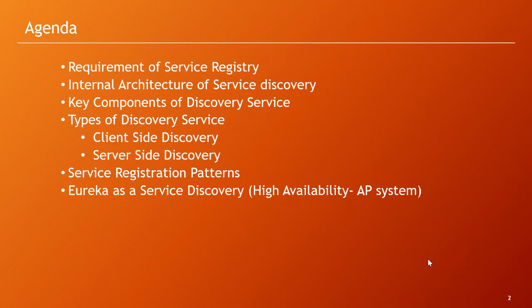Then we'll look at the different categories of discovery, like how client side discovery and server side discovery work, and the self registration pattern and third party registration pattern, how the registration of a client application to the registry service happens. Then we'll see how Eureka does it, and why we go with Eureka rather than Zookeeper or any other kind of tools which are also capable of doing your discovery service.